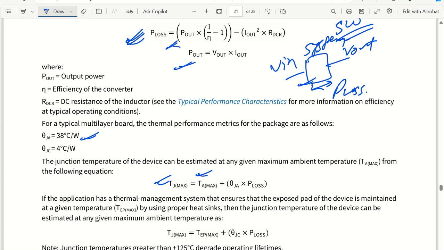The power loss we calculated from here, and theta j we know is 38 degree centigrade per watt. So you can multiply that. That will be the delta change in your temperature plus your ambient temperature, whatever is there in your environment. That will be your total temperature of the IC at the junction. So that's the main understanding. While calculating, we will calculate this as well, like what will be my output power, what will be my power loss, and this is the total loss. See, the higher the loss, the higher the temperature increase. That's the understanding.